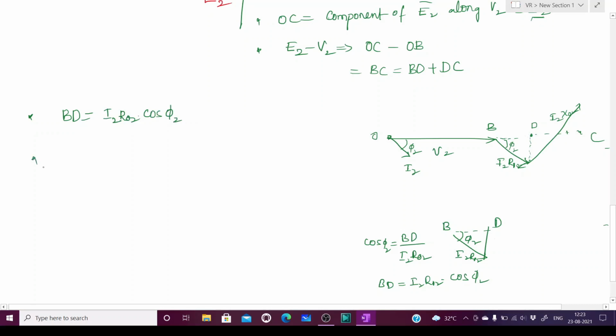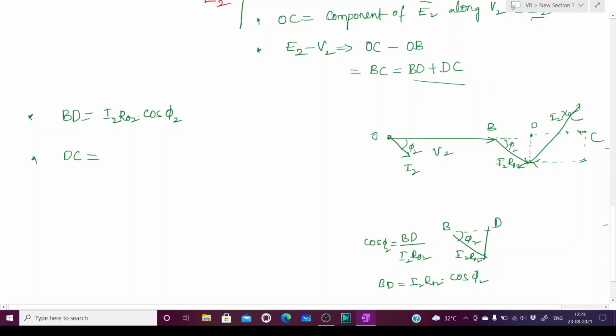Let us find DC similarly. We need to find this BC, which is the sum of BD plus DC. BD has been found and now we are finding DC. This length is equal to DC, which is the sine component of I2 X02.